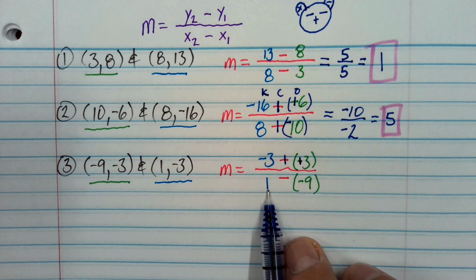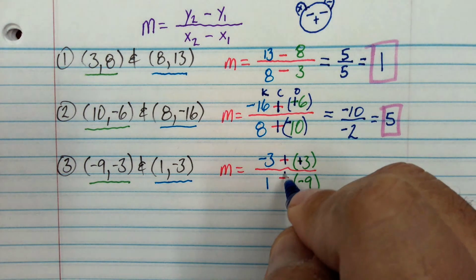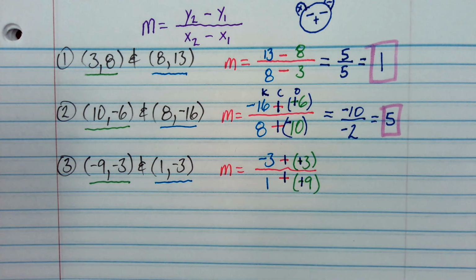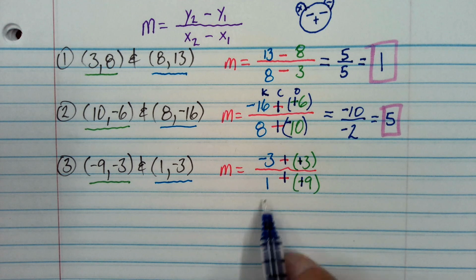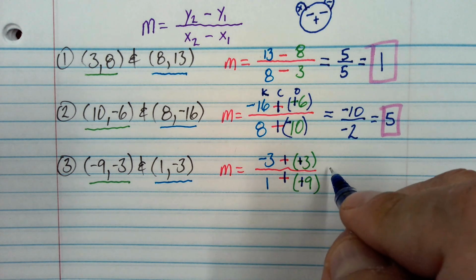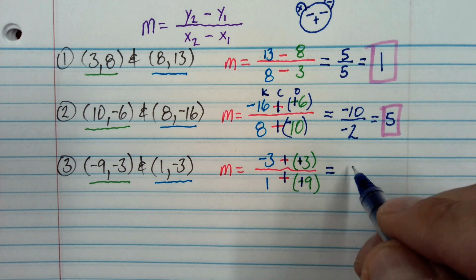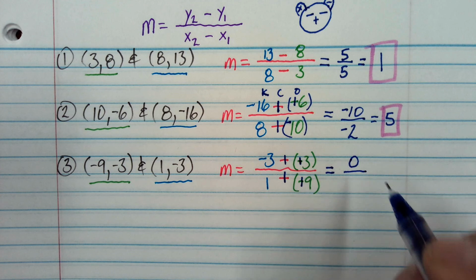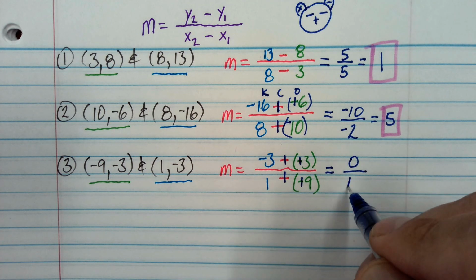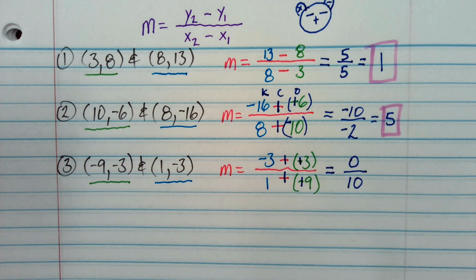And we'll do the same thing on the bottom. Keep, change, opposite. KCO. And now we'll just use the rules for integer addition. And we got negative 3 plus positive 3. That's 0. And on the bottom, we got 1 plus 9. So that's 10. We got 0 over 10, or 0 divided by 10.